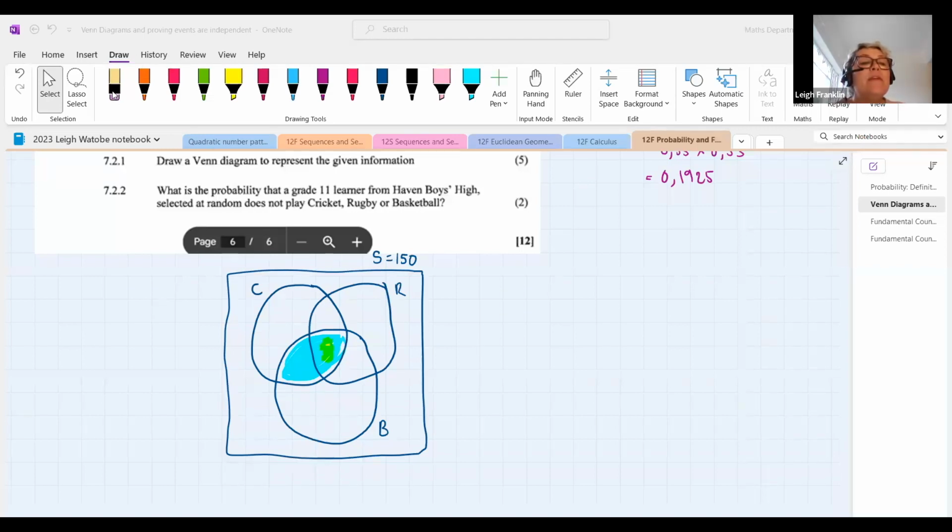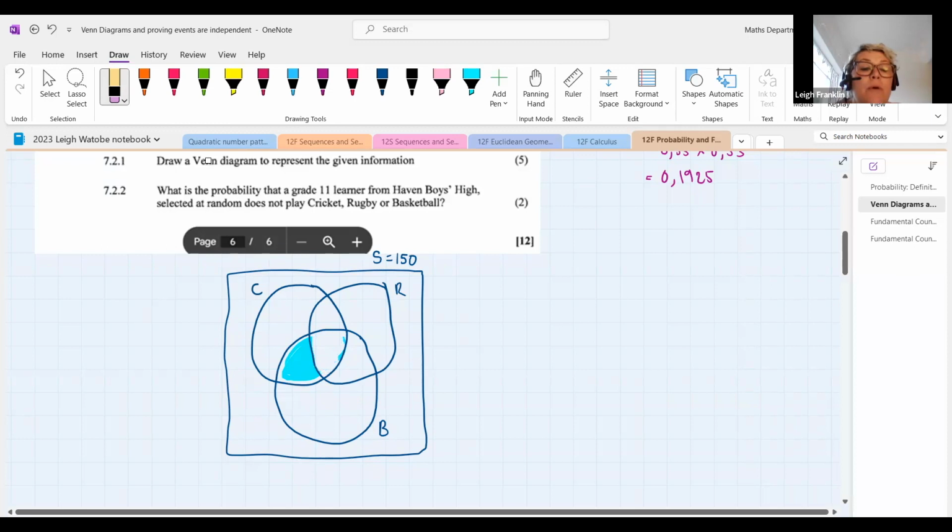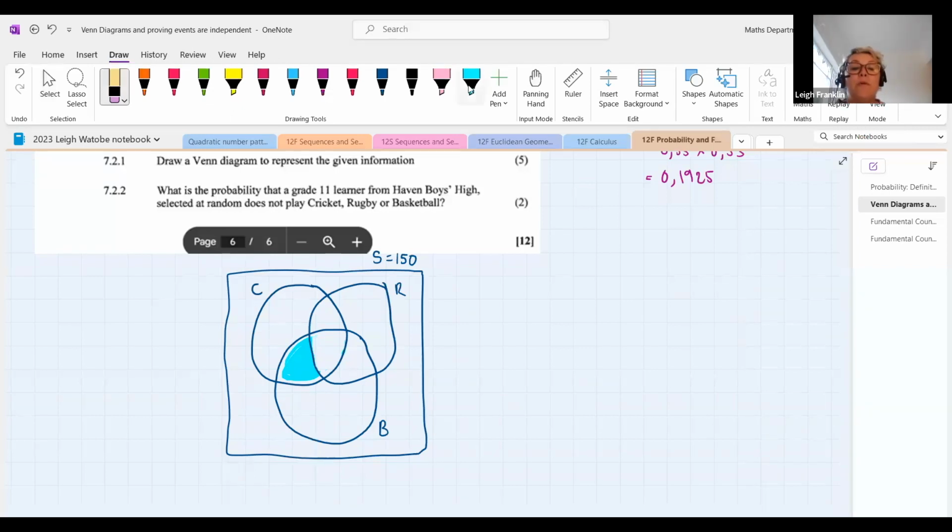What happens if I excluded this region over here? How would you describe what's highlighted in blue now? Careful, Mamelo. There we go, Pumzile. Careful, Nolwazi. That's it, Lebogang.